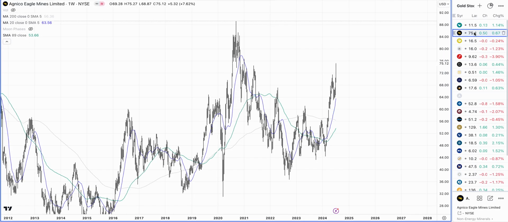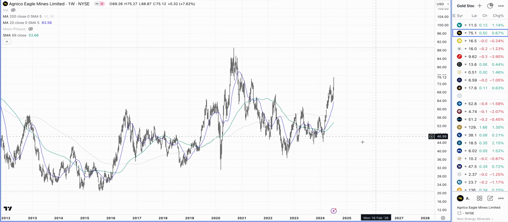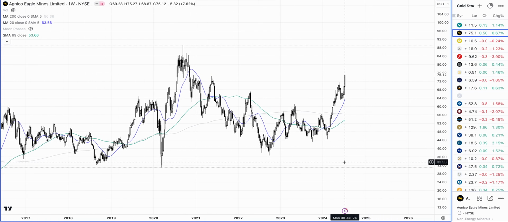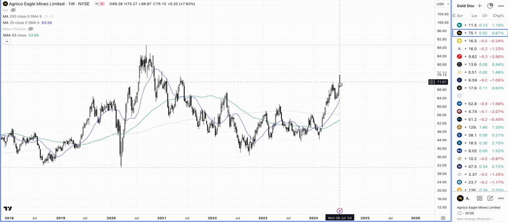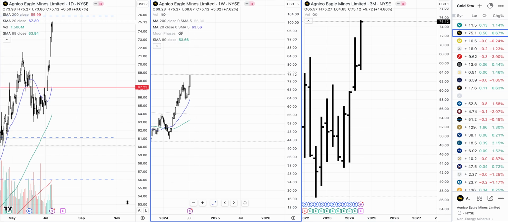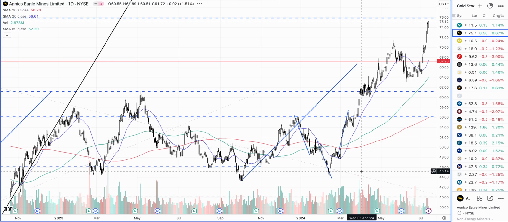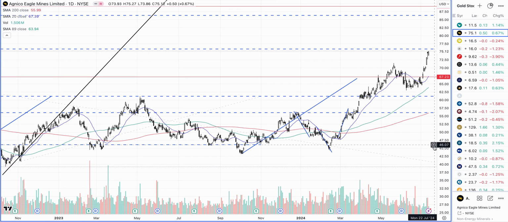Let's take a look at this, Agnico Eagle. It might be one of those royalty stocks, but I'm not really sure. It also had a pretty nice weekly close, much stronger than the actual underlying commodity, which is gold. And here, this is on the daily chart.